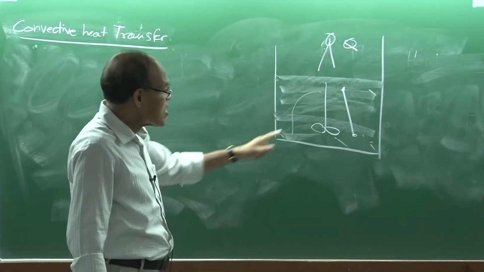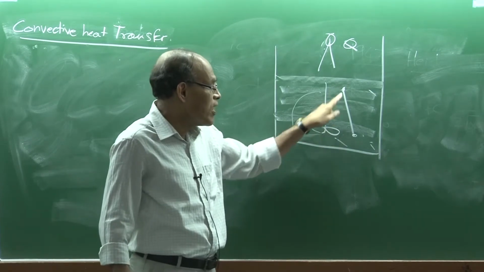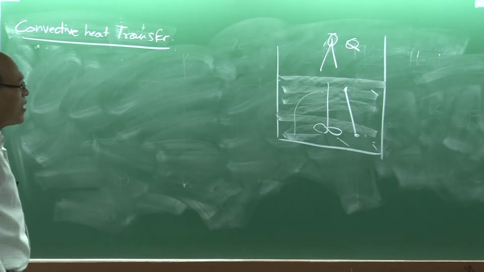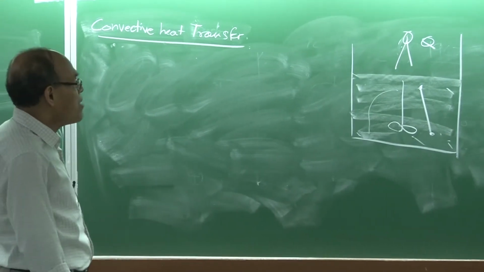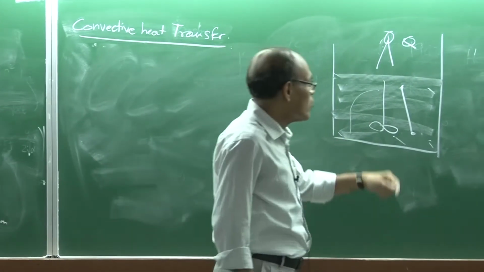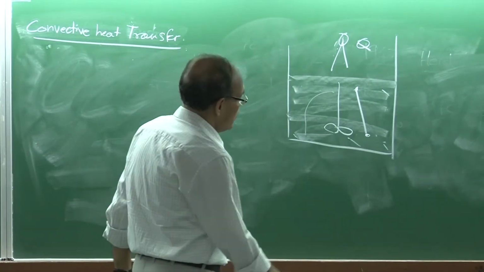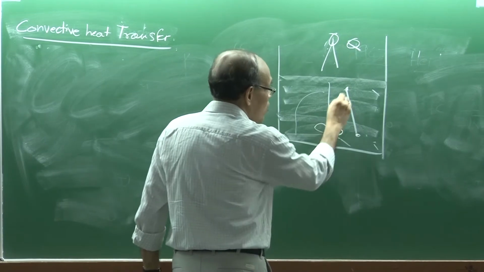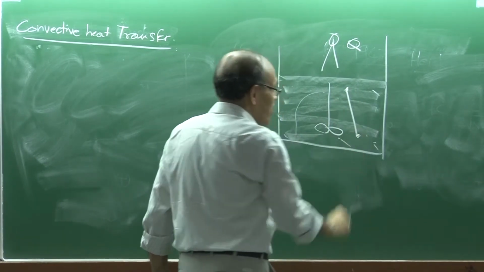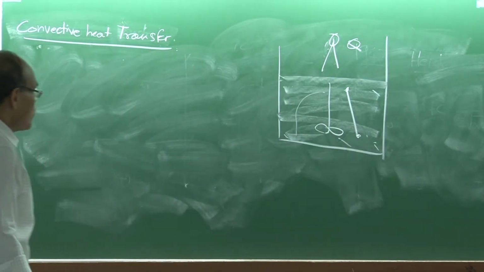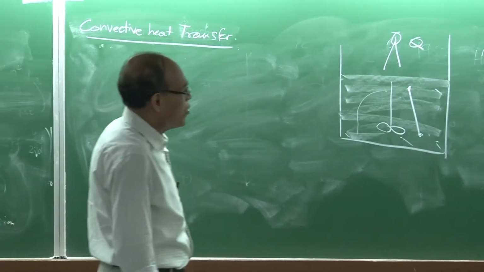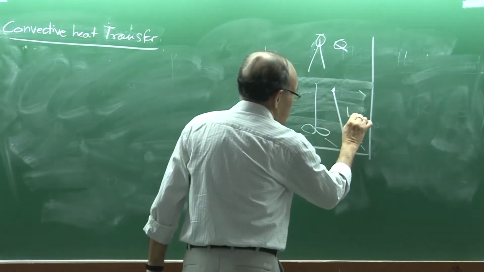In the absence of stirring, heat from here to here is going to take an enormously long time, which is not feasible. On the other hand, if you have convection, the convection will very easily take heat from one point to another. So, this is a length scale.